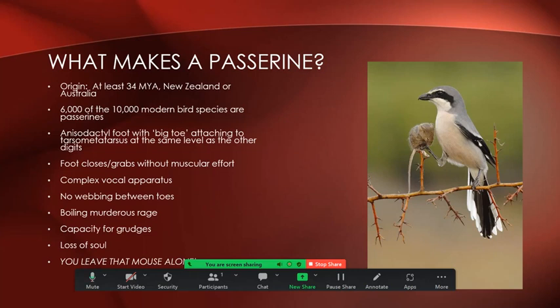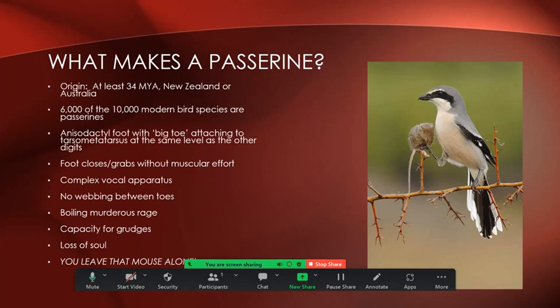These are birds with what's called an anisodactyl foot. That's where 3 of the toes point forward and 1 of the toe points backward, allowing them to grip branches efficiently. They also have a mechanism in their feet that allows them to grip branches without expending muscular effort, which means they can perch and fall asleep, giving this group of birds one of its names, the perching birds. They have a very complex vocal apparatus.